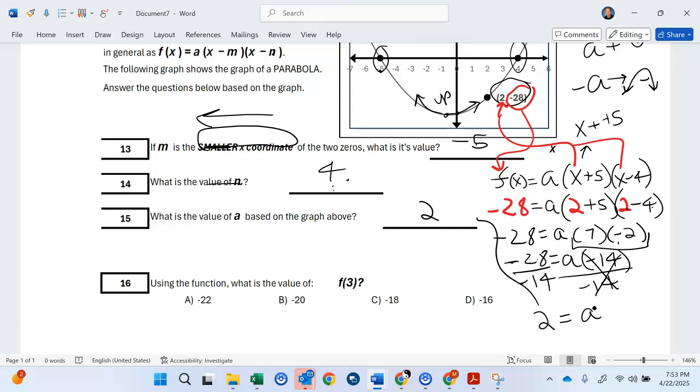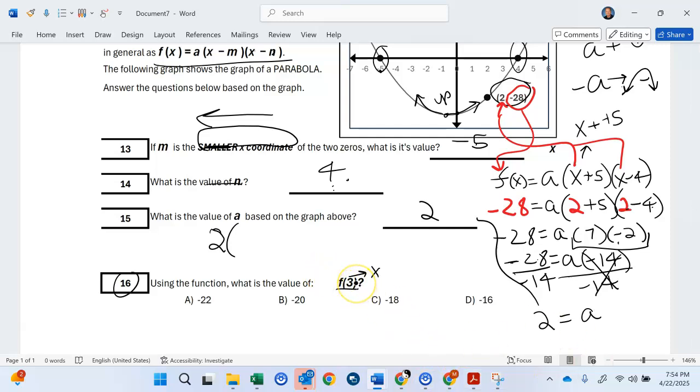Now, we're going to use this equation for number 16. So we know that it's in that form there, and we're looking for f of 3. What's f of 3 equal to? That means this goes into the x value, right? So I'm going to put a, which is 2, in parentheses, and instead of my x, I'm going to put 3 for x.